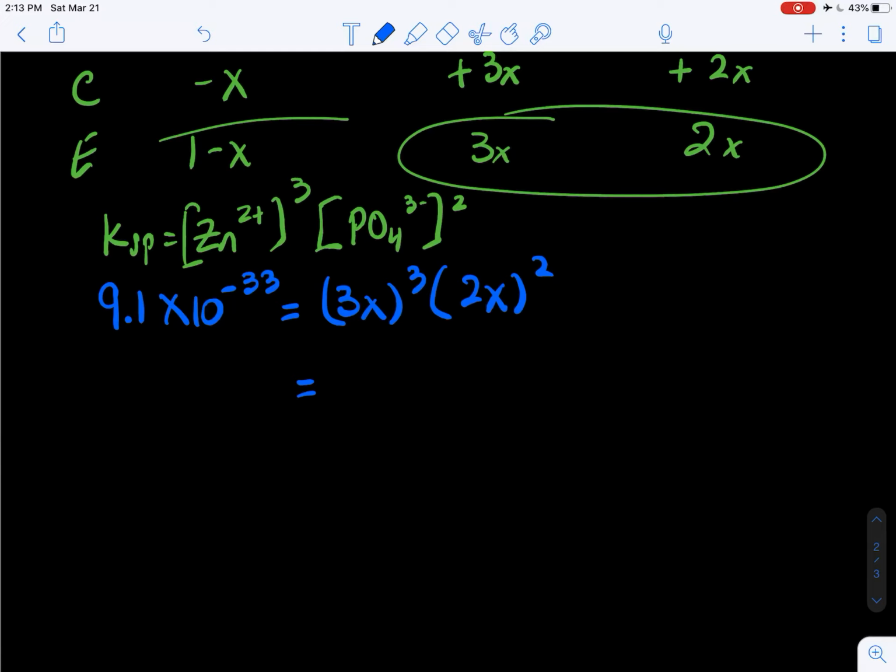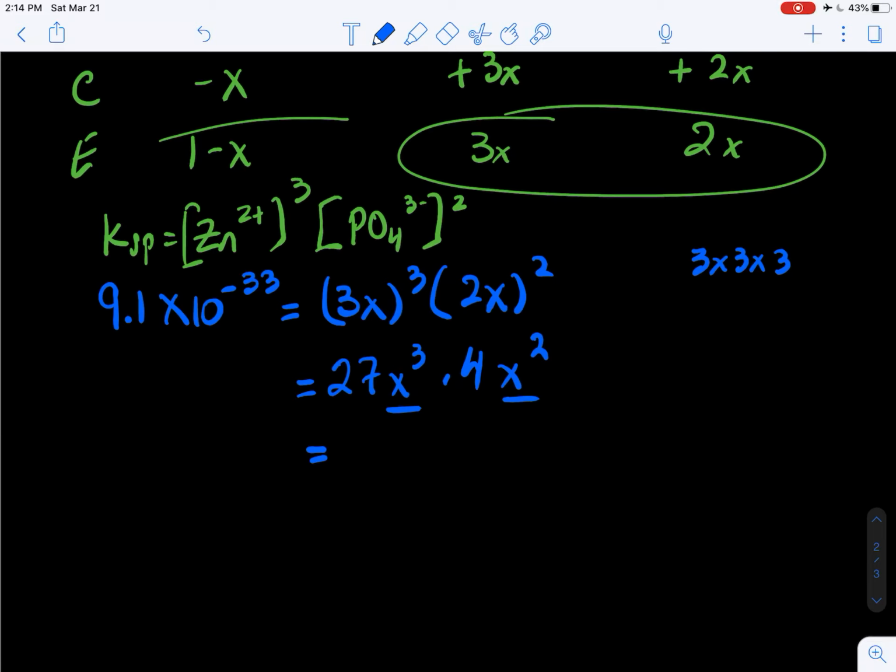And I'll separate out the coefficients from the variable here. So 3 cubed, remember, is 3 times 3 times 3, right? So that's 27. And x cubed is written like that. And 2 squared is 4, right? And x squared. And so remember how to do x cubed times x squared. You add the superscripts, right? The powers.